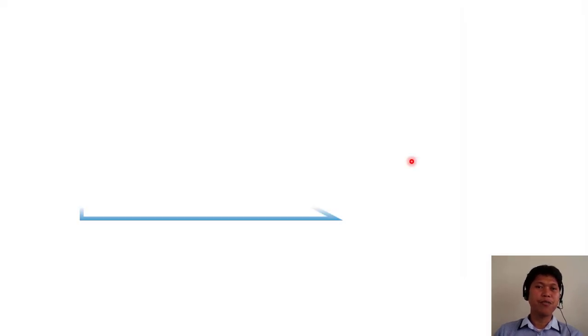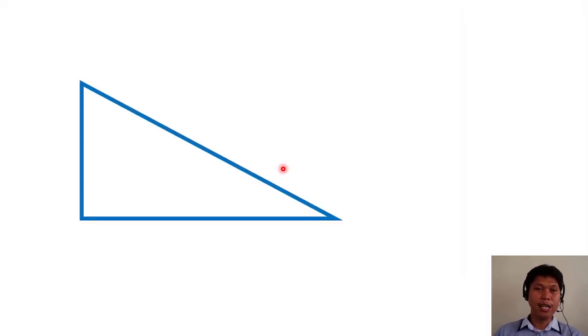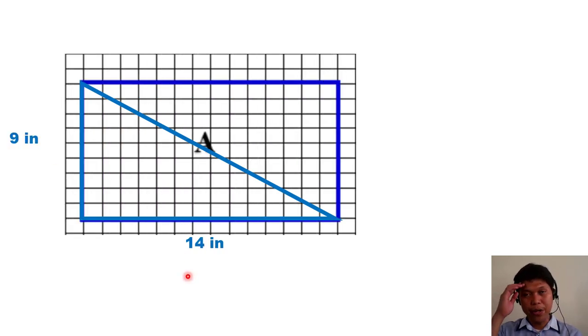So let's derive the formula for finding the area of a triangle by using a grid. We are going to use the same figure and dimensions. If you look at the grid, assuming that this is 1 inch, this is 1 unit represented by 1 inch. So this is 1, 2, 3, 4, 5, 6, 7, 8, 9, 10, 11, 12, 13, 14.